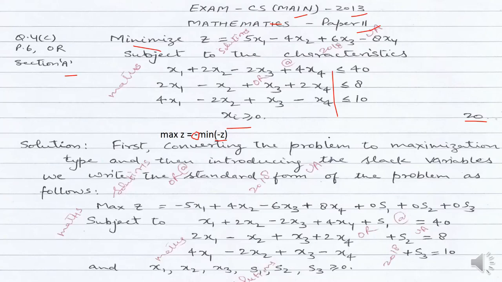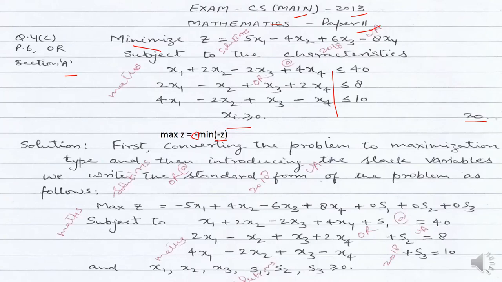So maximize z is equal to minus 5x1. See here, I have changed the sign of 5x1 to minus 5x1. So all variables will have their sign changed. So 4x1, 4x2 minus 6x3 plus 8x4 and plus 0s1 plus 0s2 plus 0s3.